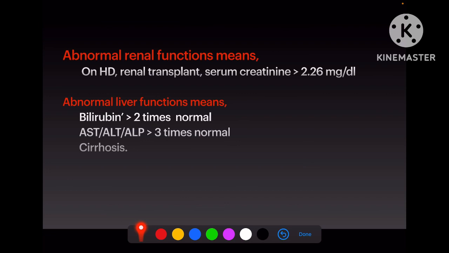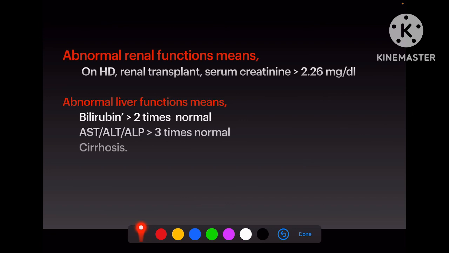Then if your patient's baseline serum creatinine is more than 2.26 milligram per deciliter or more than 200 micromole per liter, you can say that patient has abnormal renal function. Then how do you determine abnormal liver function? If your patient's bilirubin is more than 2 times its normal level, yes, indeed.